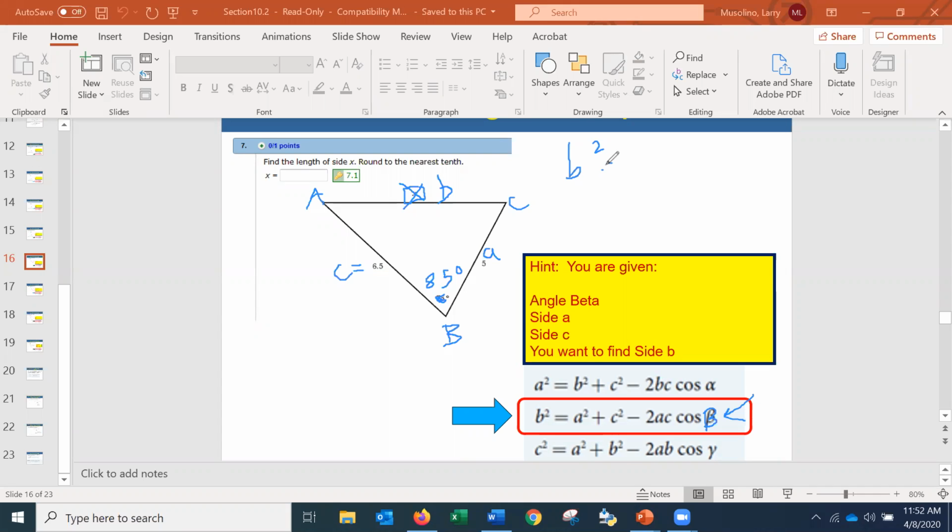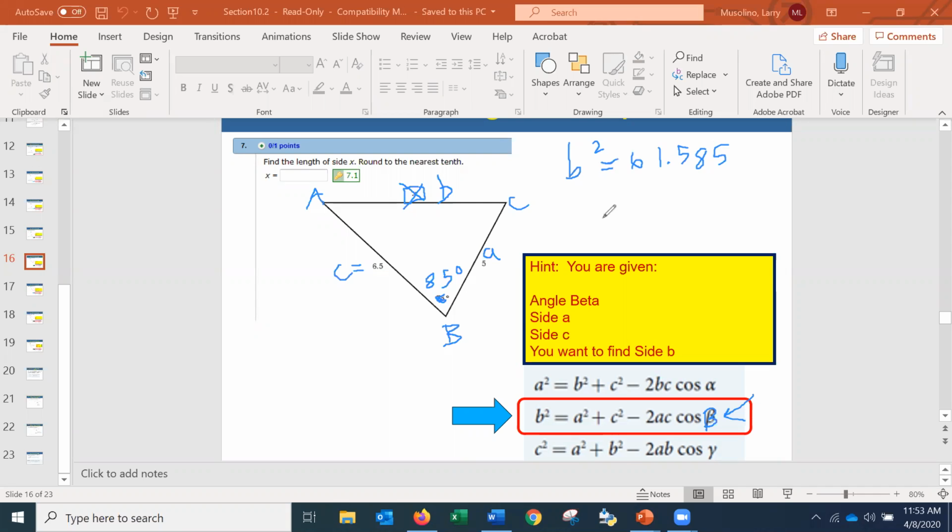I'll round to 3 decimal places and write 61.585.